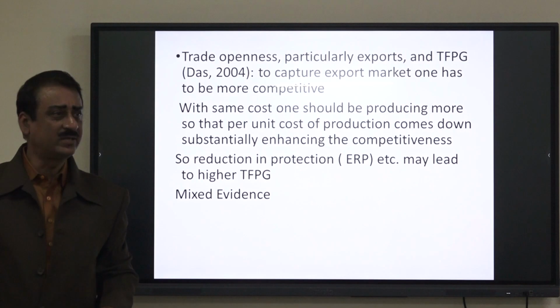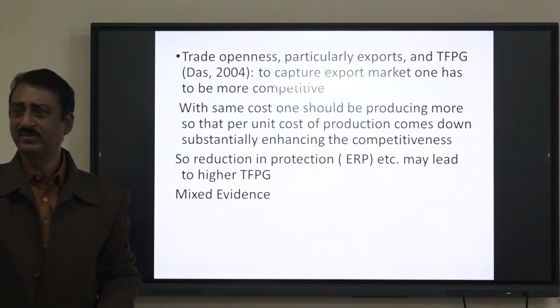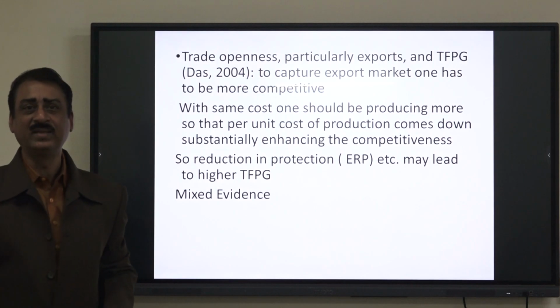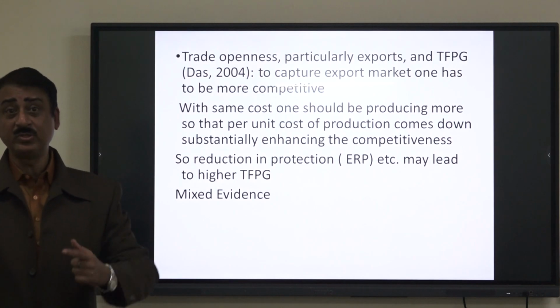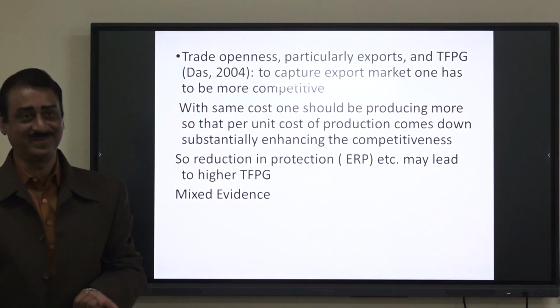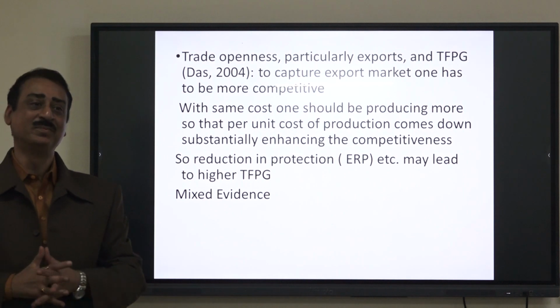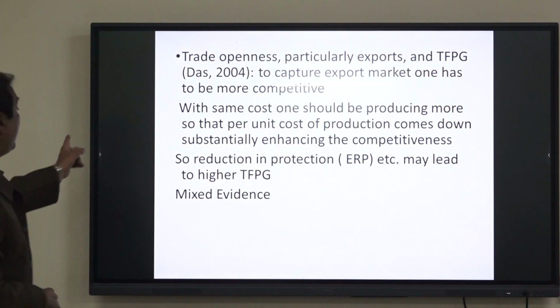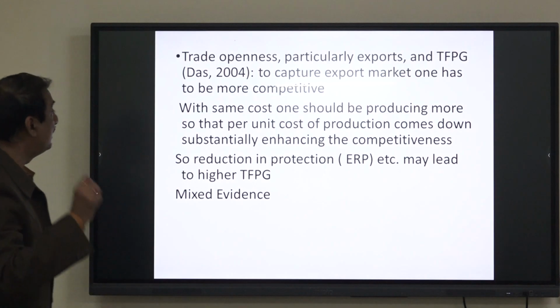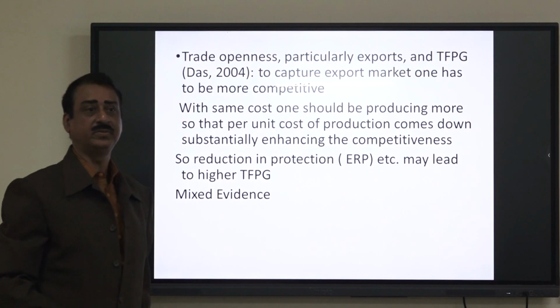Those countries feel that your quality of product made in India is kind of taboo, so they don't want to buy. You realize your mistakes, so you try to improve the quality. Improving the quality means what? Total factor productivity. You will try to raise the competitiveness of your product. So greater trade openness is said to be an important strategy for raising your total factor productivity.